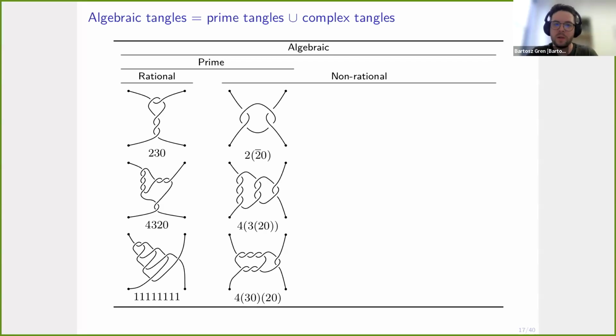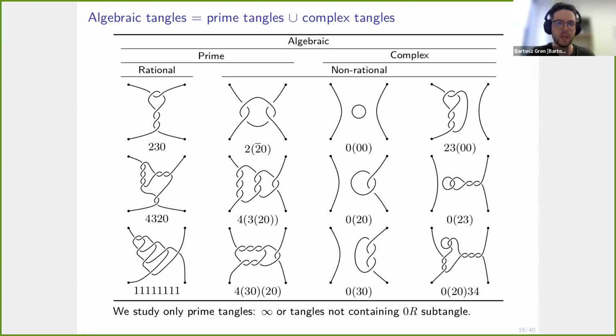I show you here some non-rational tangles which we wanted to study, but there are also non-rational tangles which we didn't want to study because they are, in some way, pathological.